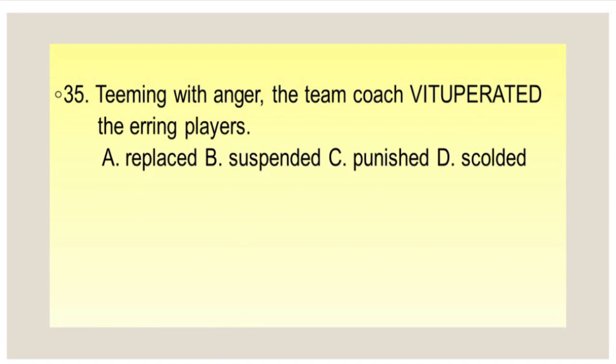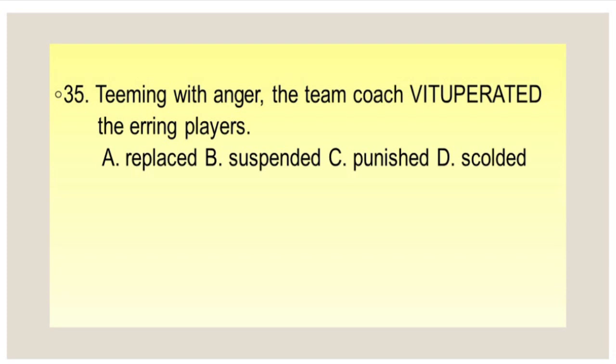Teeming with anger, the team called vituperated the erring players. This is an item in vocabulary. But in this particular item, we see context clues. What are these? Teeming with anger and erring players. Looking at the options, we can pick punished and scolded.